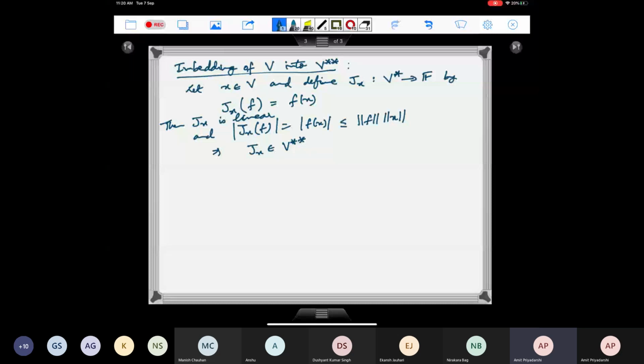Because we have seen that norm of x is equal to the maximum of mod f(x), f in V star, norm f less than or equal to 1.